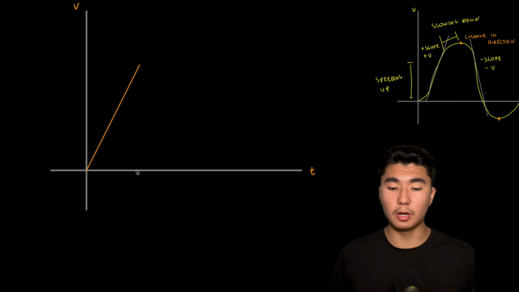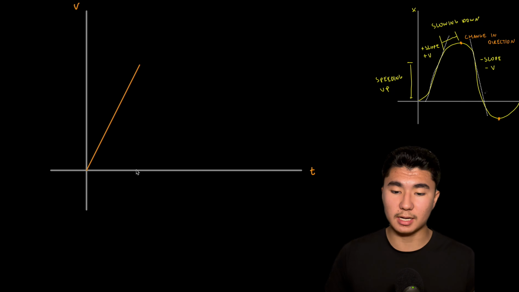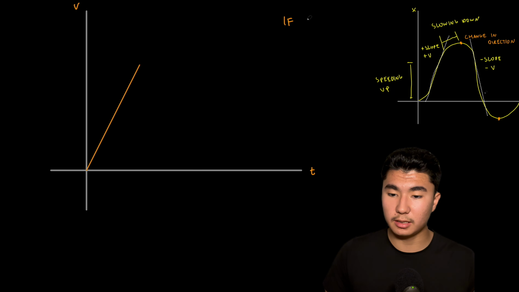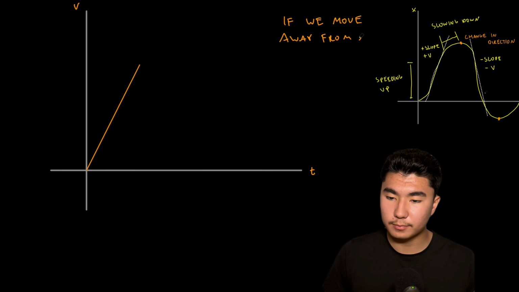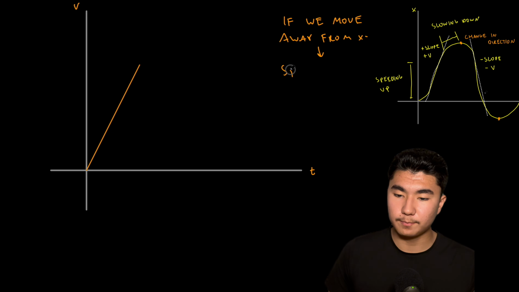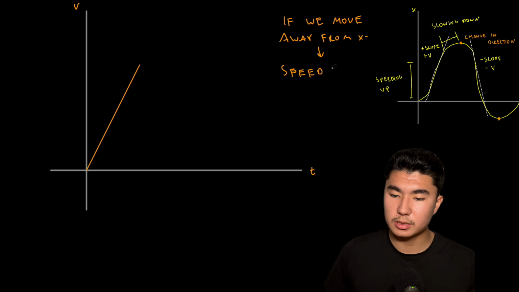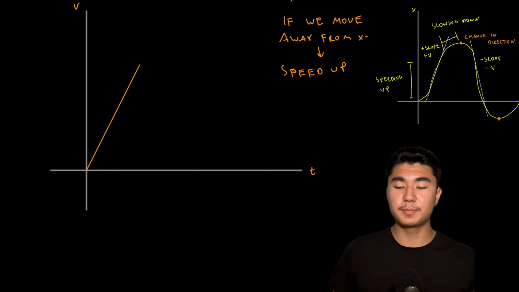So one thing to note is that with these velocity versus time graphs, if we move away from the x-axis, we speed up, and the opposite if we slow down.